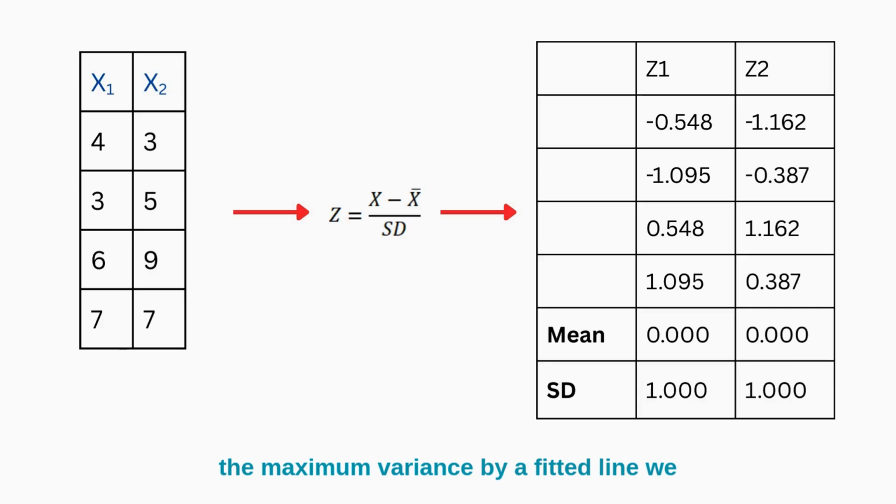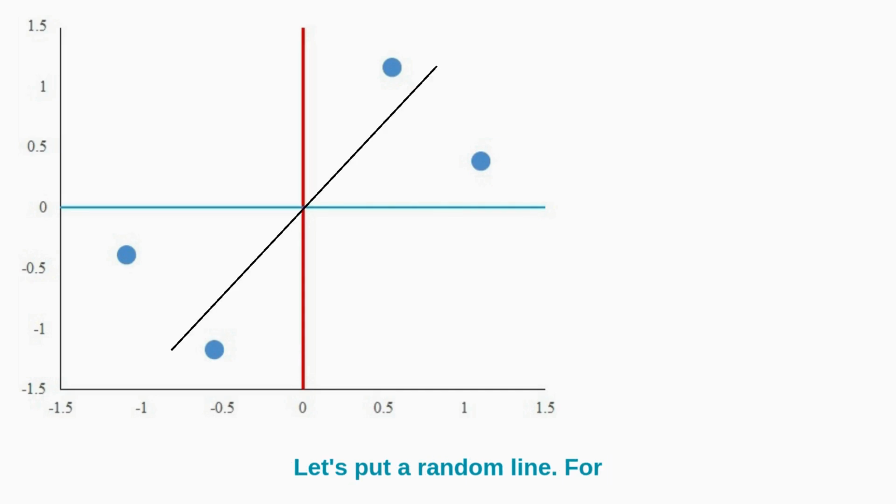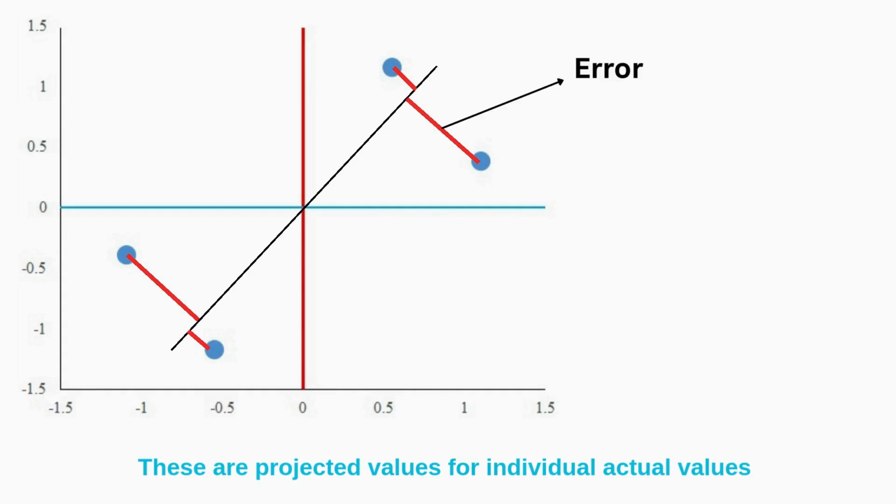Now, to get the maximum variance by a fitted line, we have to put a random line from a random direction and rotate it until we get the maximum variance or best fit line for all points. Let's put a random line. For this random line, unexplained variance or error for individual values at a perpendicular distance are here. These are projected values for individual actual values.